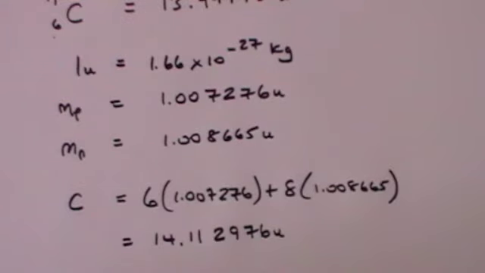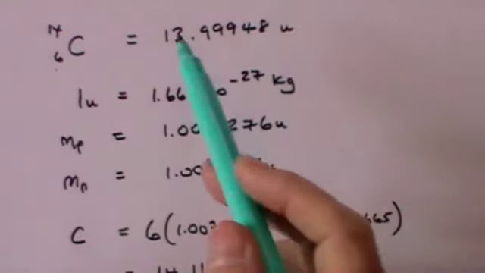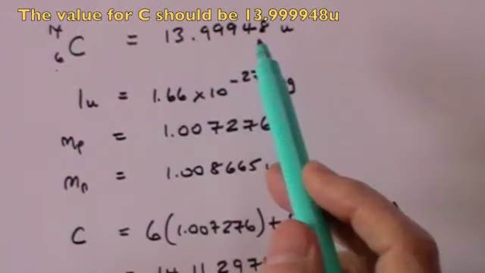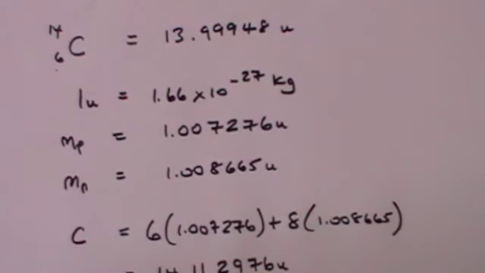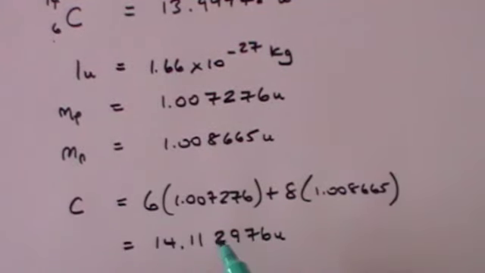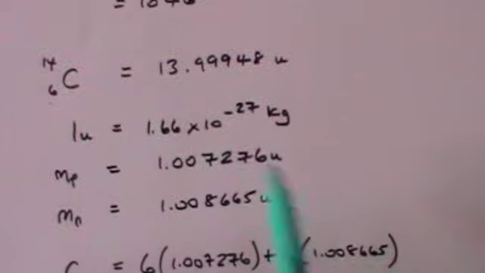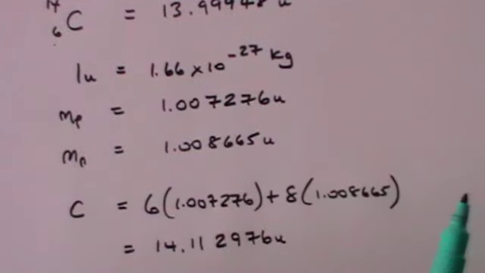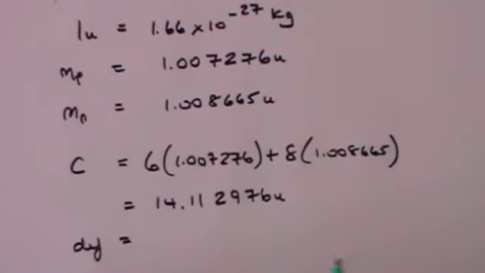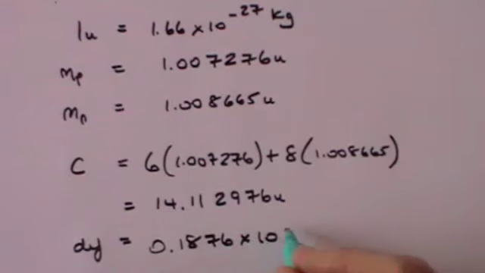But we are told what the actual mass of the carbon atom is in mass units, and so the difference, the mass deficit, is the difference between what you would expect it to be and what it actually is, and if you subtract one from the other, you find that the deficit is equal to 0.1876 times 10 to the minus 27 kilograms.